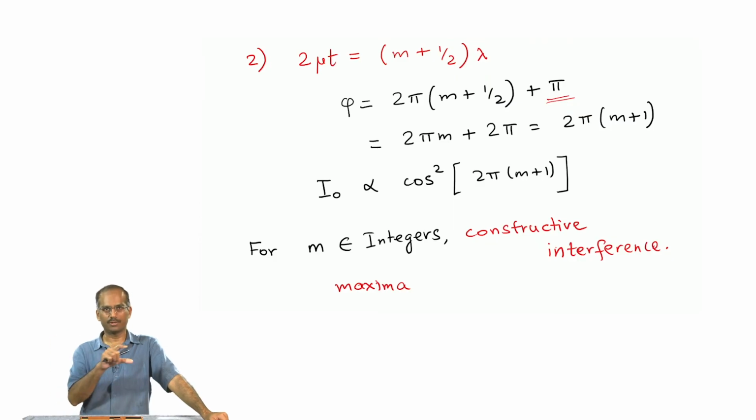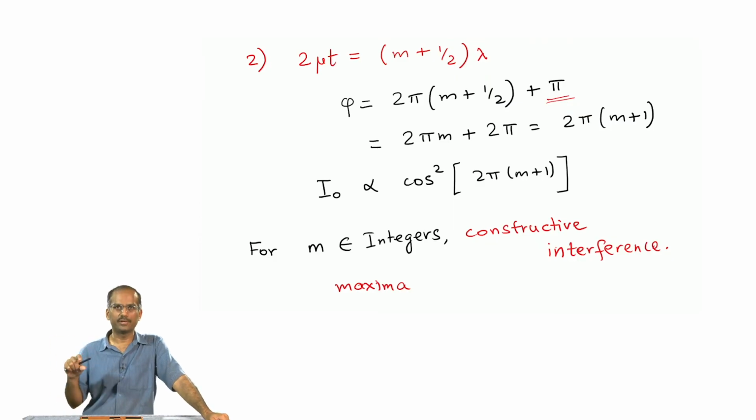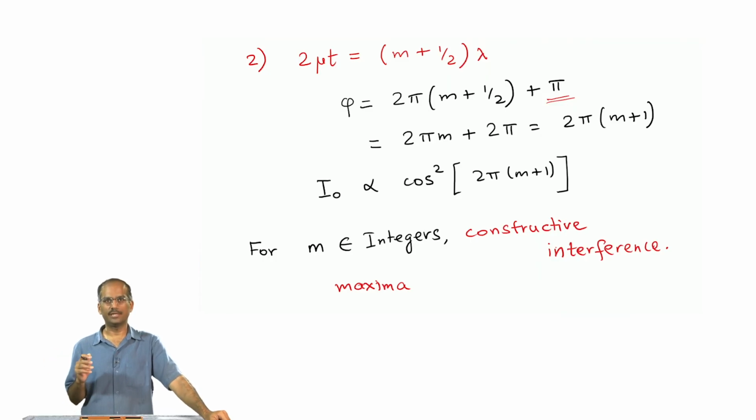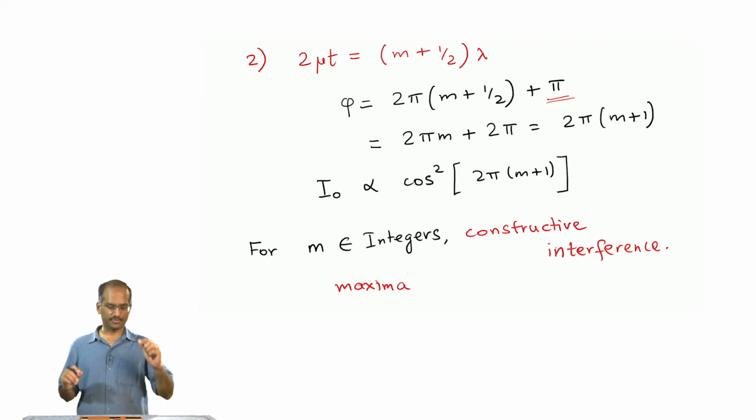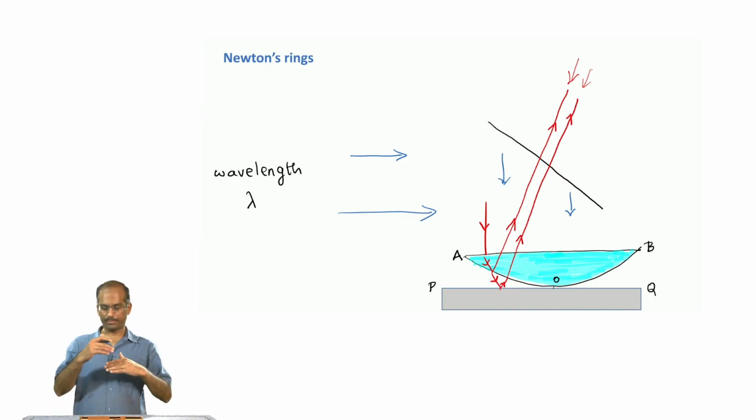Once you have chosen your plano-convex lens of given refractive index, then that is fixed. So, the only thing that is a variable is T, which is the thickness of the air film that is trapped between the lower glass slab and the plano-convex lens.